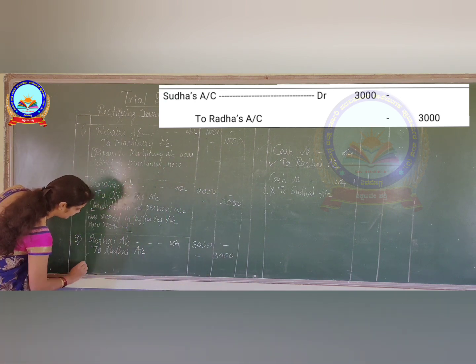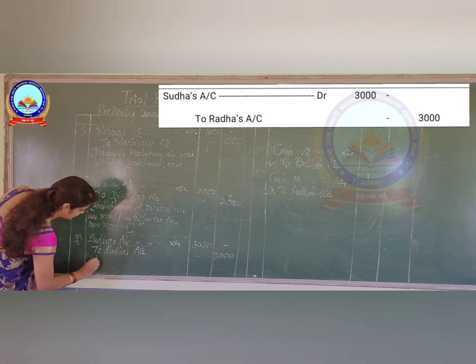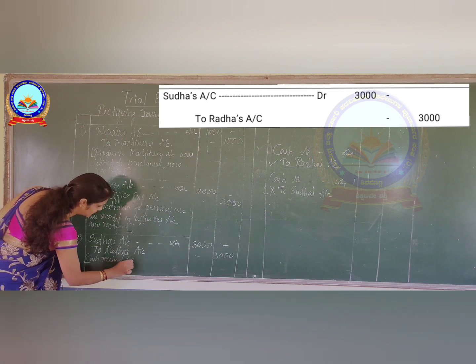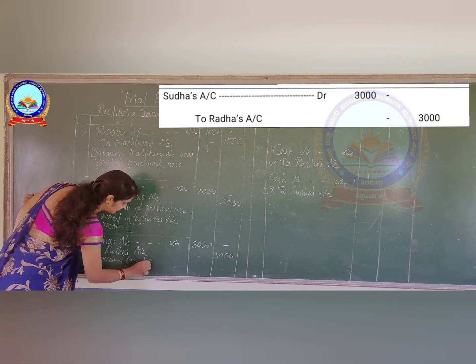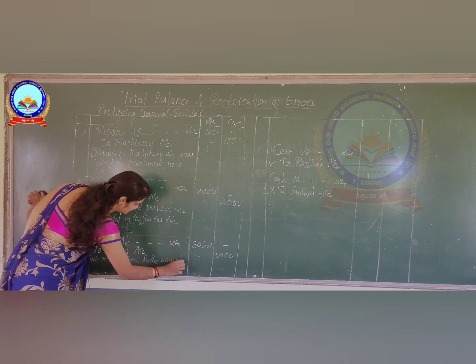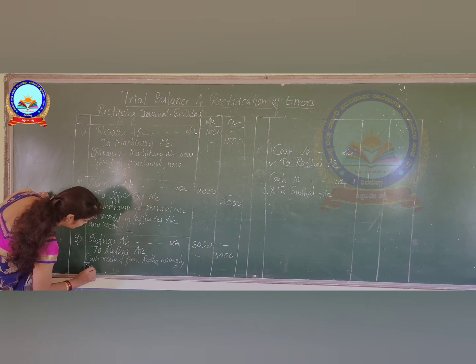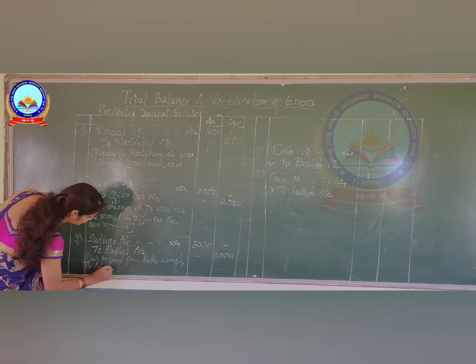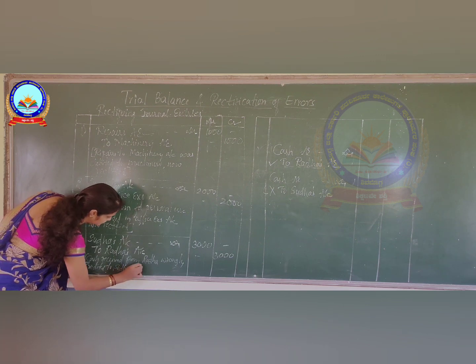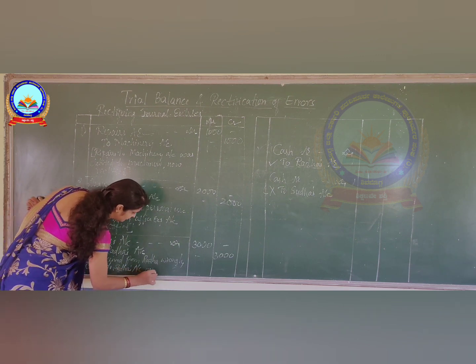Narration: cash received from Radha wrongly credited to Sudha's account, now rectified.